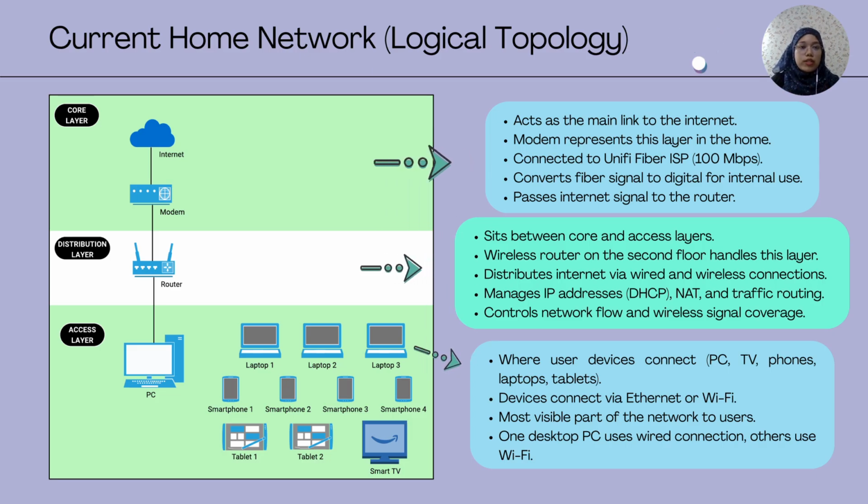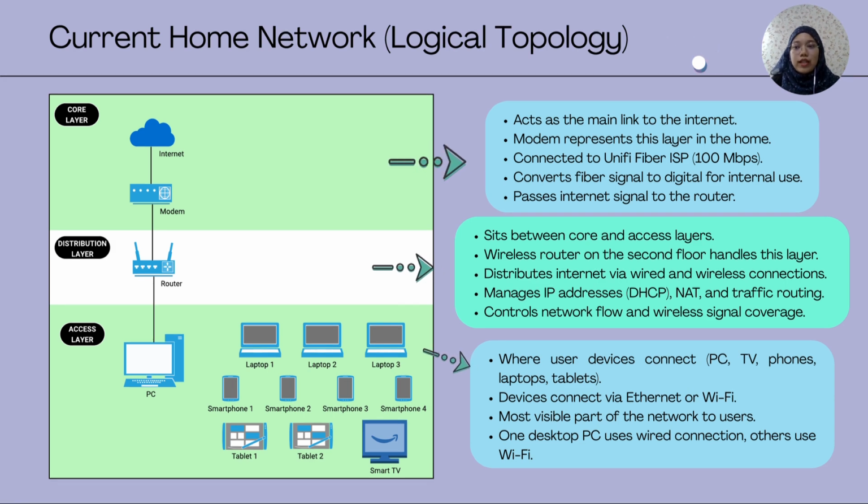In this home network setup, a 3-layer hierarchical model is used to improve organization, performance, and scalability. These 3 layers are the core, the distribution, and the access layer, in which each layer has its own responsibilities in ensuring the network functions smoothly and efficiently. The first layer is the core layer, which is the foundation of the network and serves as the main point of access to the internet.